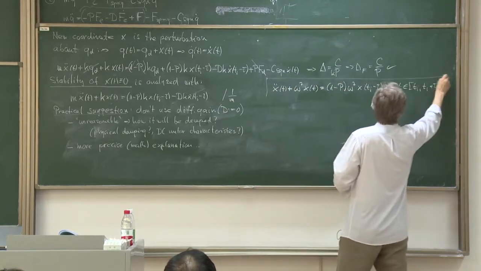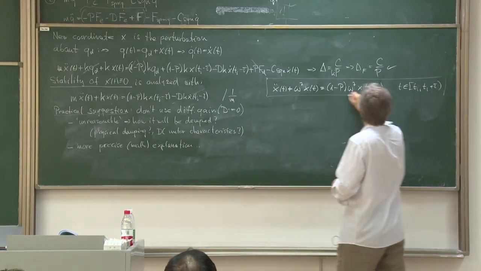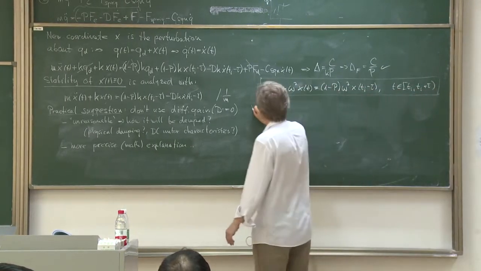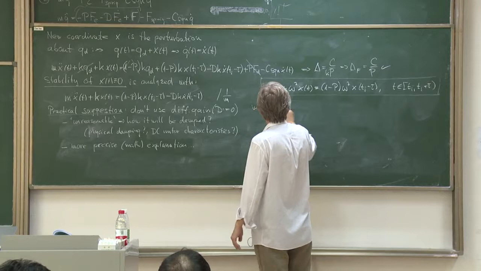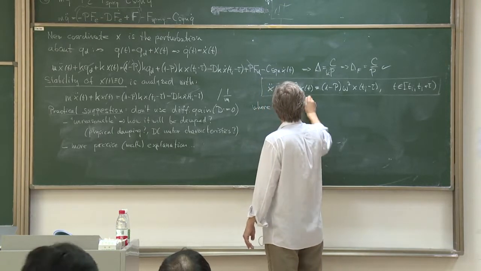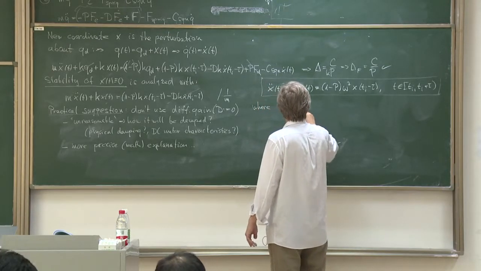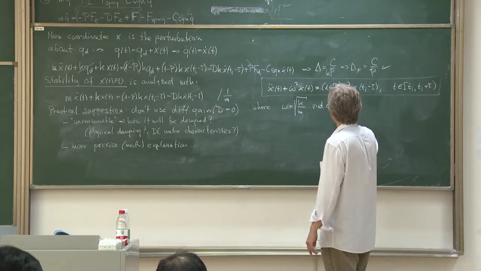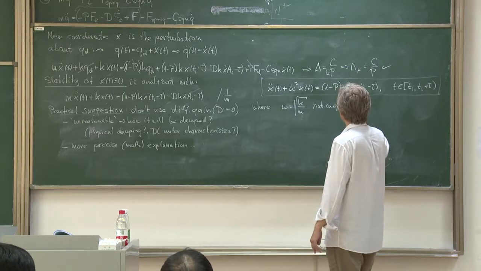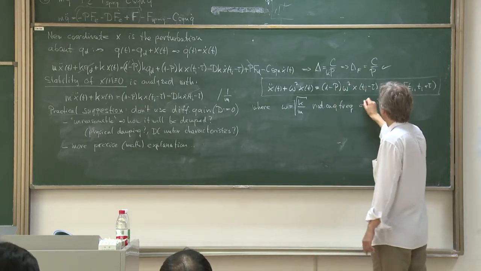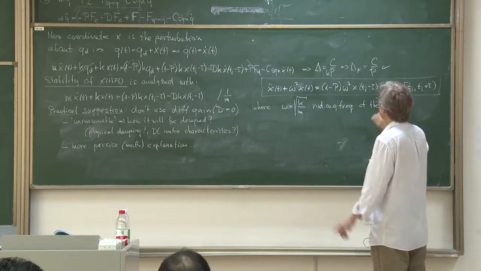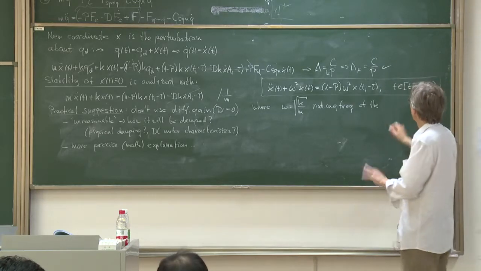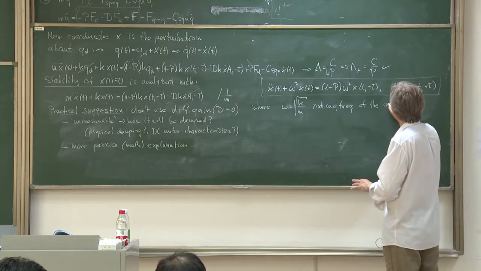And that's the one we will start analyzing, where omega equals the square root of k over m, the natural angular frequency of the uncontrolled system, okay?